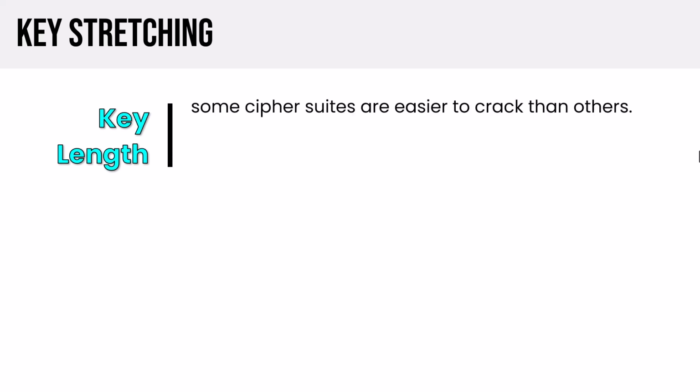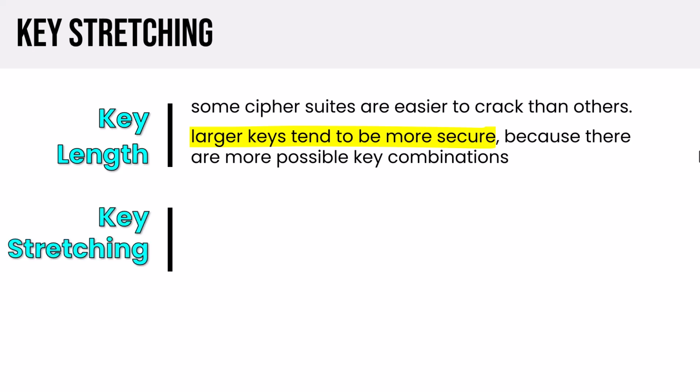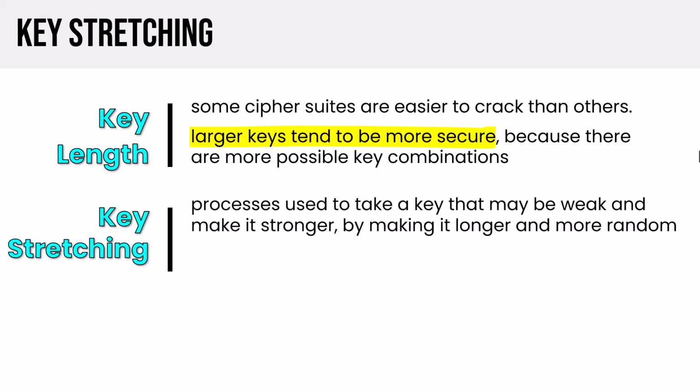So let's talk key stretching. I want to start with key length. Some cipher suites are easier to crack than others. Larger keys tend to be more secure because there are more possible key combinations. So key stretching are processes used to take a key that may be weak and to make it stronger by making it longer and more random.